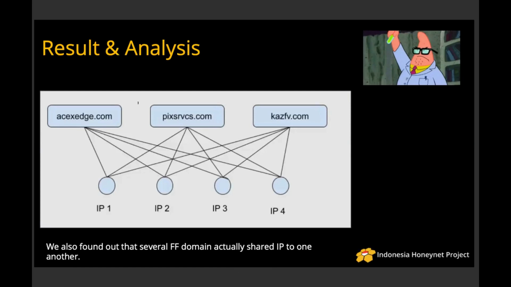And an additional finding is that we also found that several Flux domains actually share IPs with one another. This is actually the same result that was found in the 2013 research paper that I showed you earlier. As you can see at the left side, the middle side, and the right side, these are different Flux domains. And when we look at the IP propagation, the IP rotation, they actually rotate the IPs to one another. That's actually pretty interesting to find.